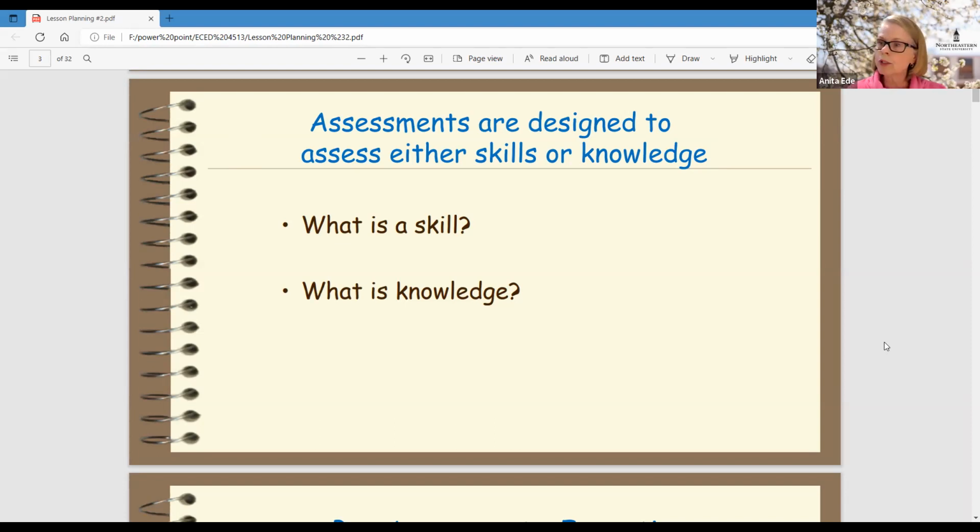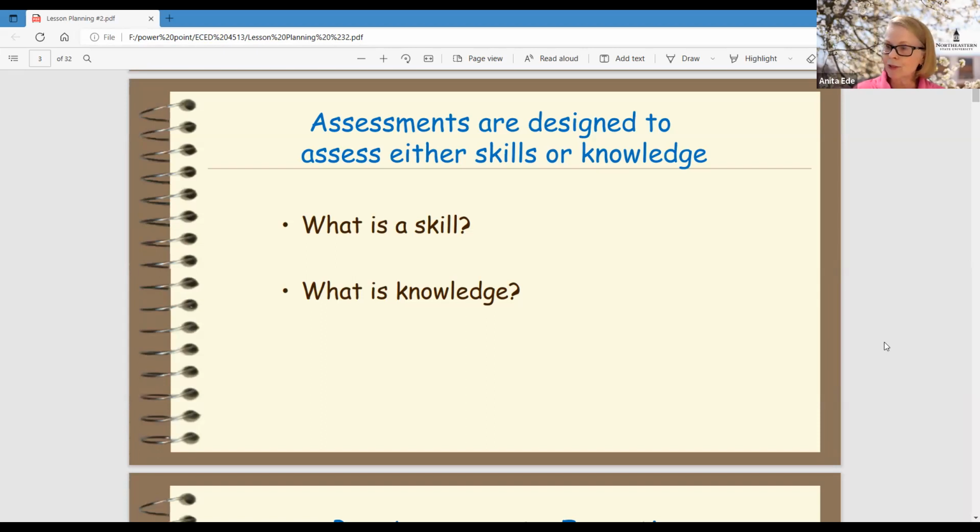So in order to assess a skill, you're going to have to do it the week before when you're teaching your lessons. So just make sure that you identify that on your lesson plan. If your major objective is counting to 20, then you're going to say students will be assessed the week before to see if they know how to count to 20.